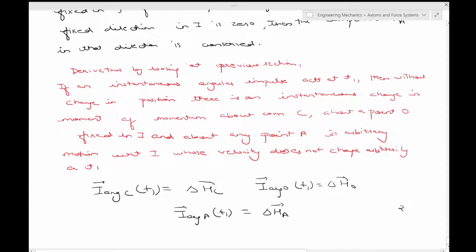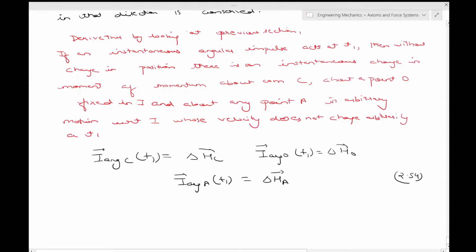Okay, so this is 2.54. So this is the angular impulse moment of momentum equation. Okay, so this result is valid.